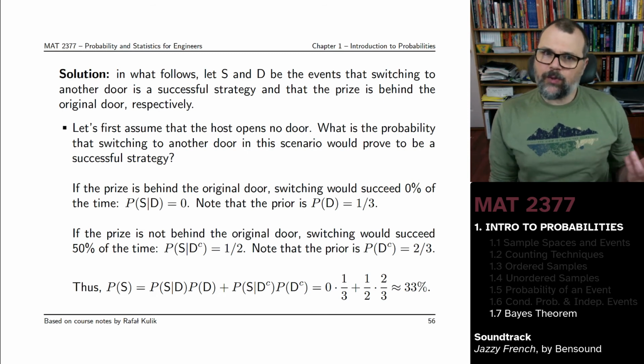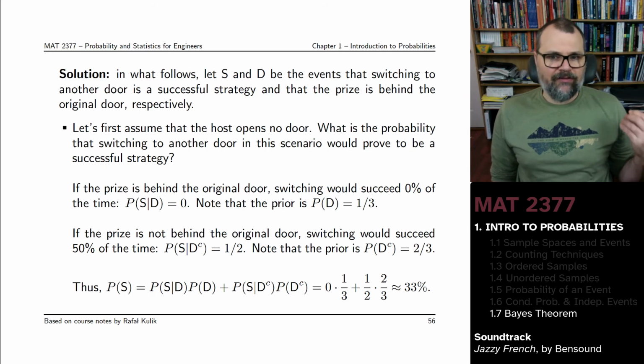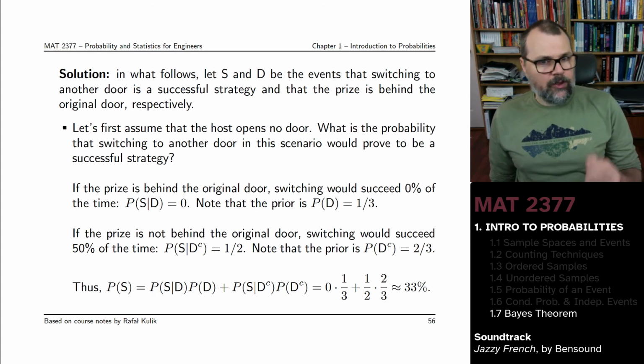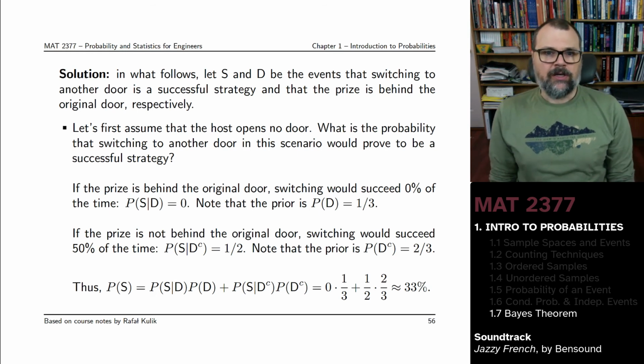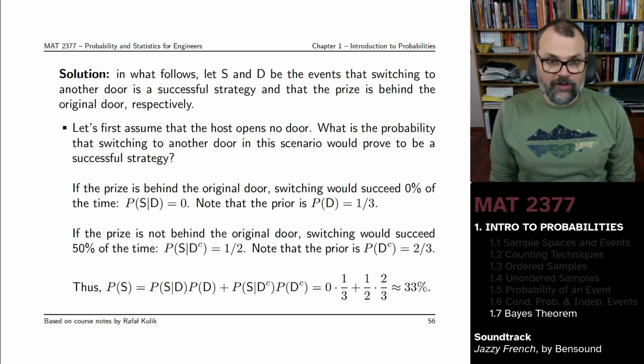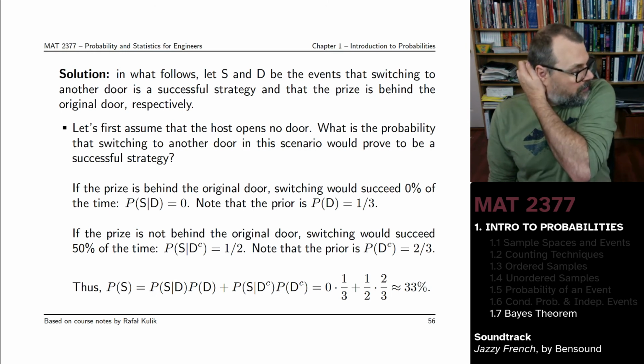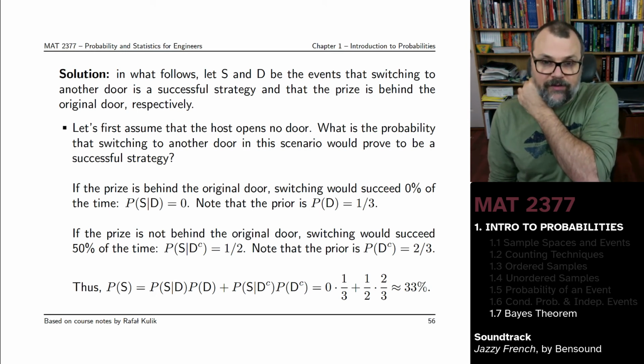Well, if the prize was behind the door you had originally selected, switching would be a failing strategy. It would succeed 0% of the time. So if the prize was behind the original door, switching is a losing strategy. The probability of it being successful, if the prize was originally behind the first door you've picked, that would be 0.